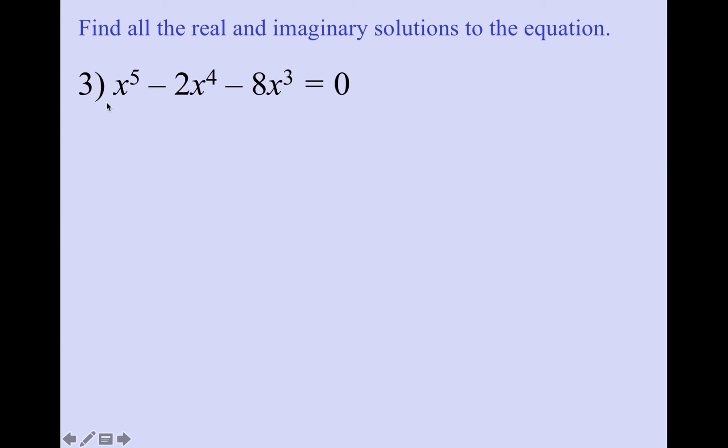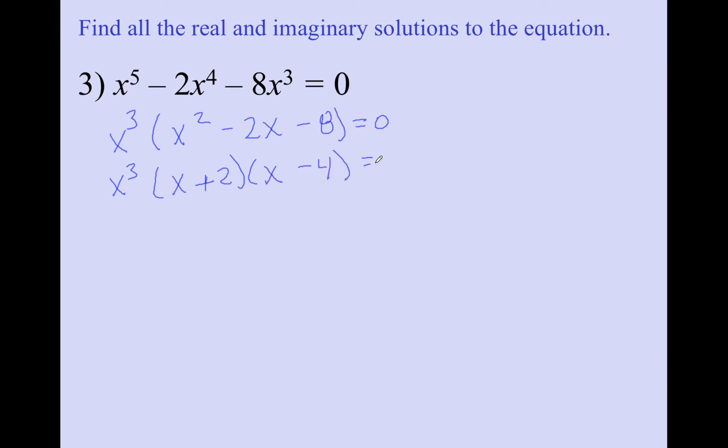Okay, next scenario, let's try this guy. All right, I'm going to take out a common factor of all these terms, which is going to be x cubed, which leaves x squared minus 2x minus 8 equals 0. X cubed, and then we're going to factor this, x plus 2 and x minus 4 equals 0.